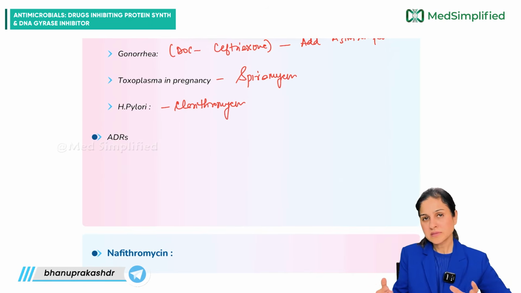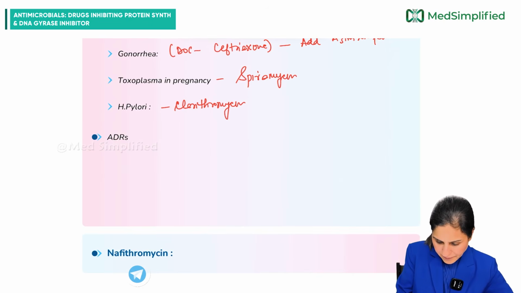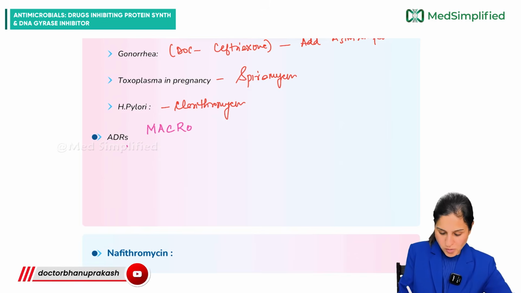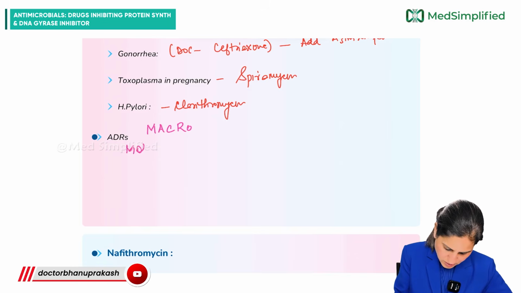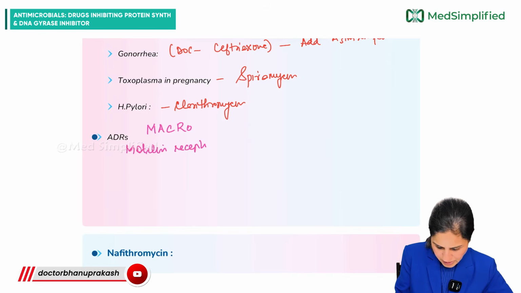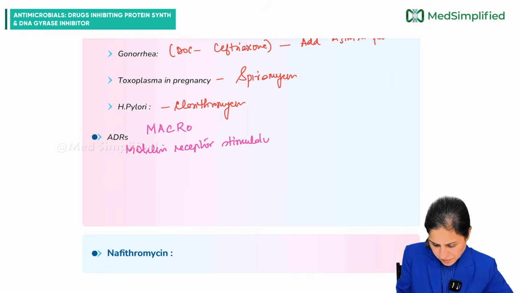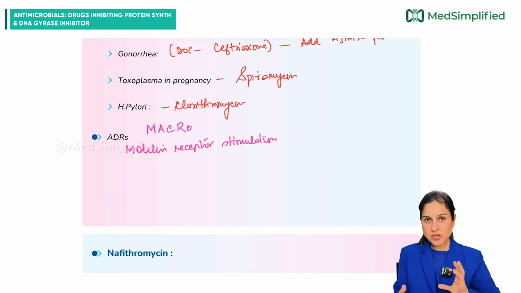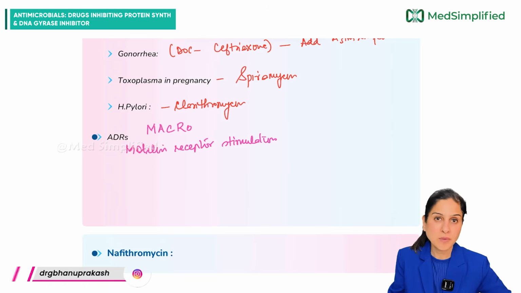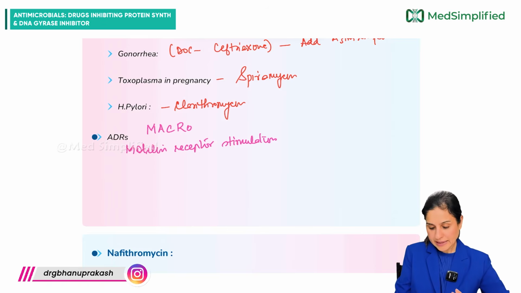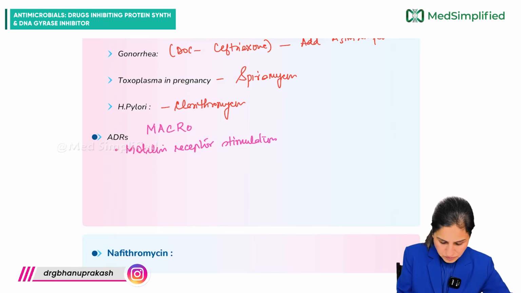Okay. Now, ADR is important. Again, we have a mnemonic called MACRO. M stands for motilin receptor stimulation, which can lead to increase in the motility of the intestines, and it can trigger loose stools.